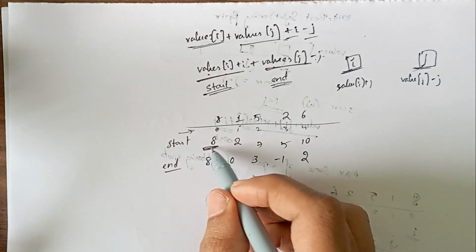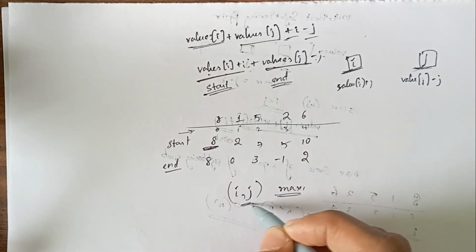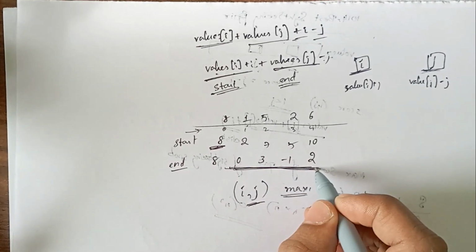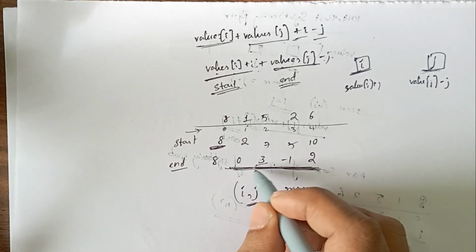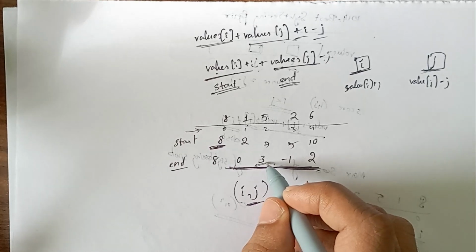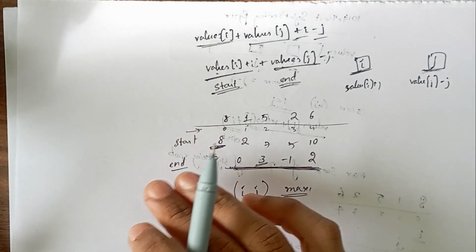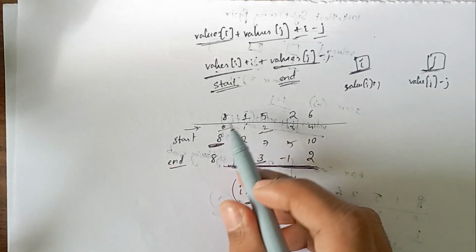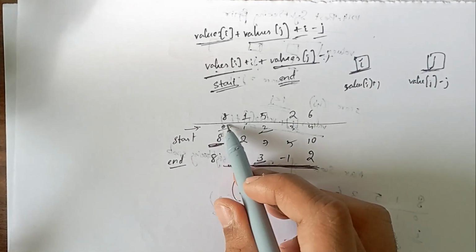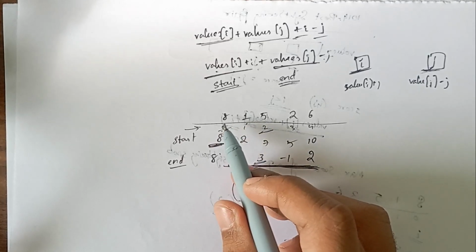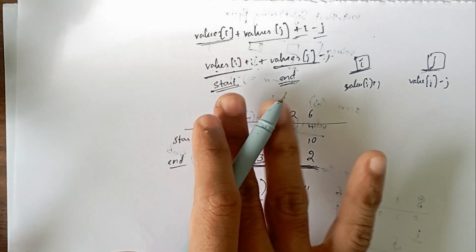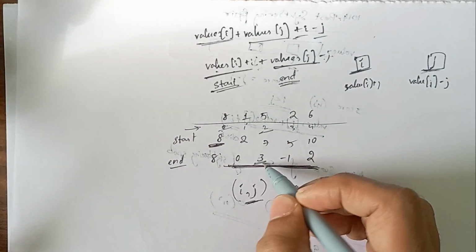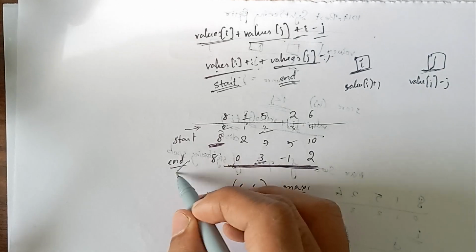But if you need index i and index j where it will be maximum, that means for every index i you need a maximum score after that. So if you consider these 4 elements, the maximum will be at index 2. We need only the score, not the index where i and j are. So when you are at index i equal to 0, we need to consider the maximum element after 0, that will be 3 with the end.